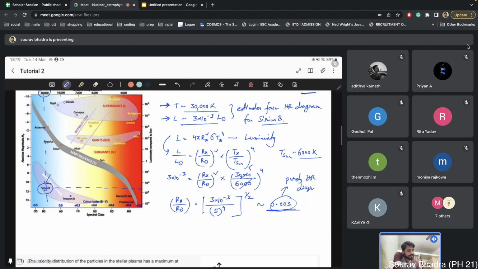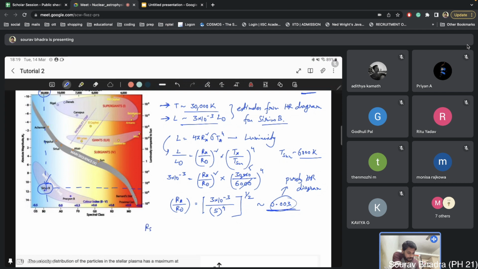Now what is the actual value? We have to compare with the actual value so that we know that we are doing something close to the realistic answer. You can find it on the internet. I have written it down.